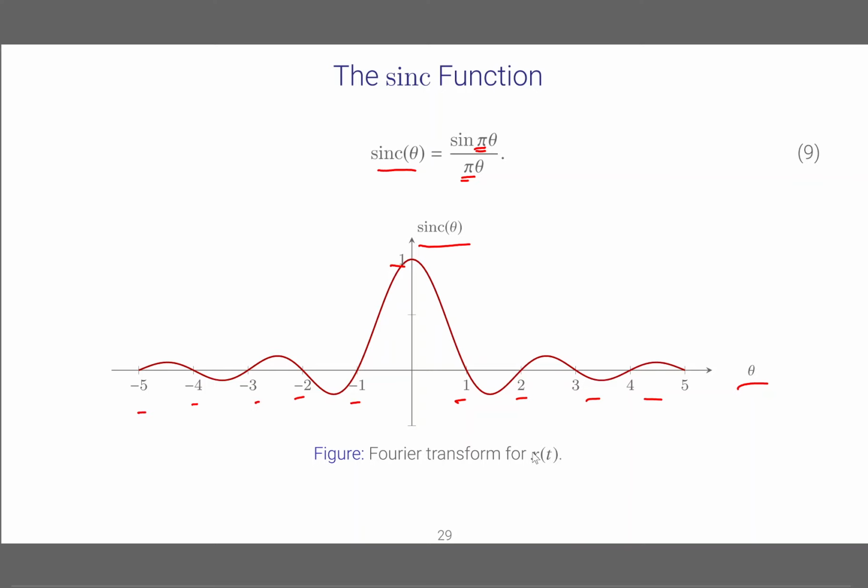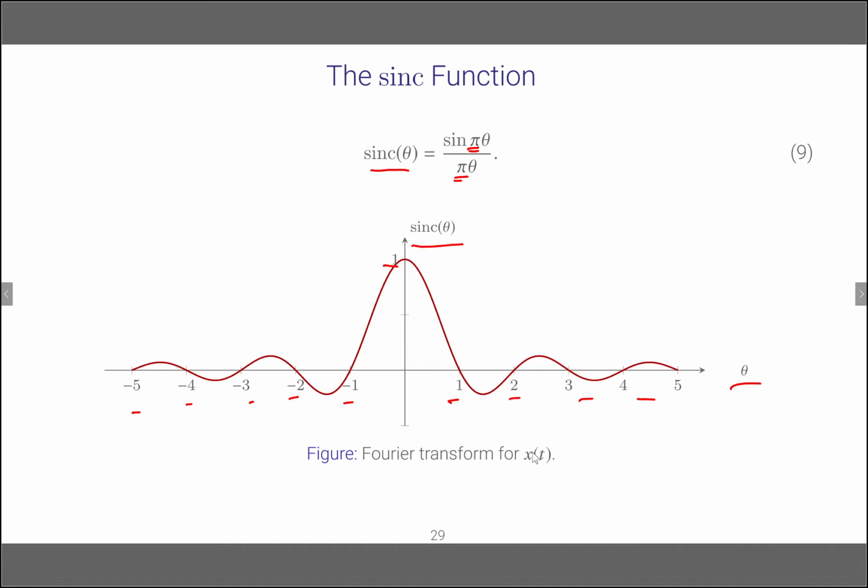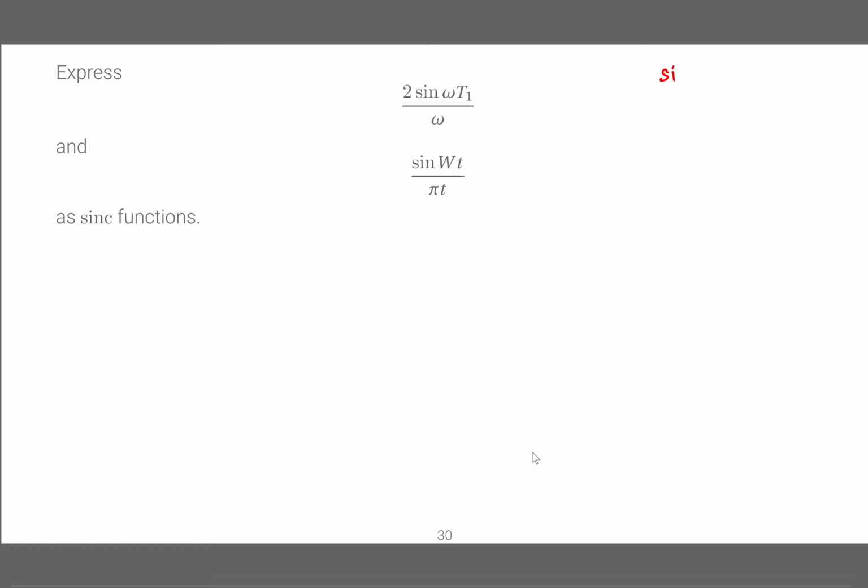Okay, all right, now let's express these two signals using this definition. Sinc theta is equal to sine pi theta divided by pi theta. So we have to make this angle look like pi theta. So let's take this: 2 sine omega t1, which is 2 sine of pi times omega t1 divided by pi.